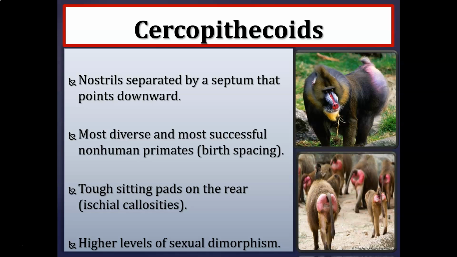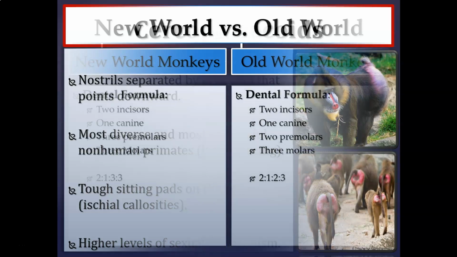So this is an adaptation that allows them to be more successful at being terrestrial, at living on the ground. Because as you can imagine, many of these primates live in very hot regions in Africa and Southeast Asia. So sitting on the ground for long periods of time can be uncomfortable. So they have these kind of built-in butt pads. They are among the most diverse and successful of the non-human primates and have high levels of sexual dimorphism, meaning that the males in general are much larger than the females.